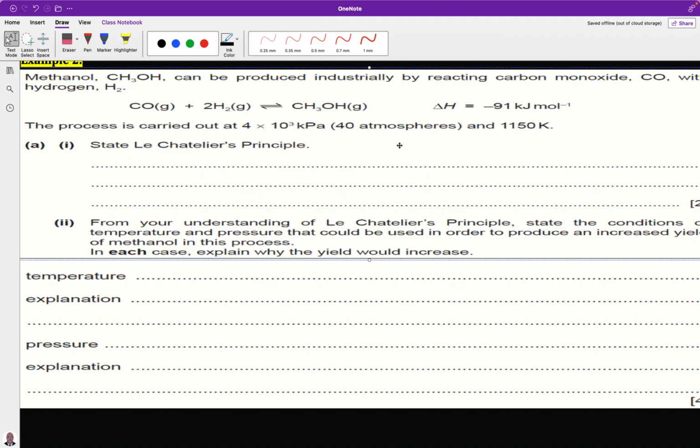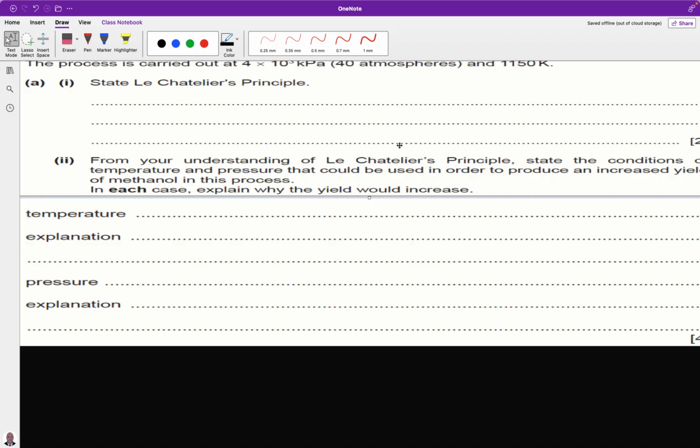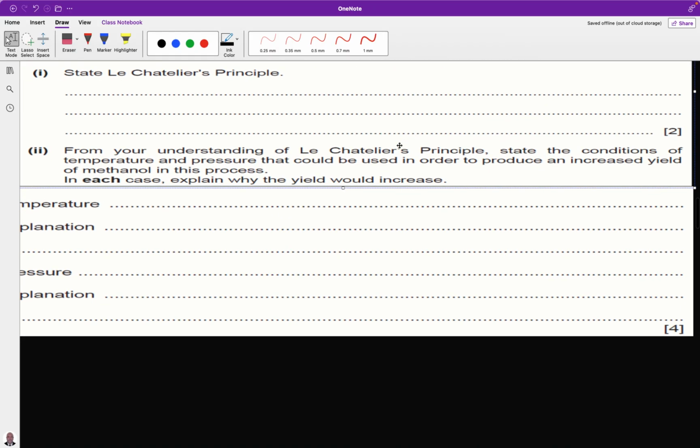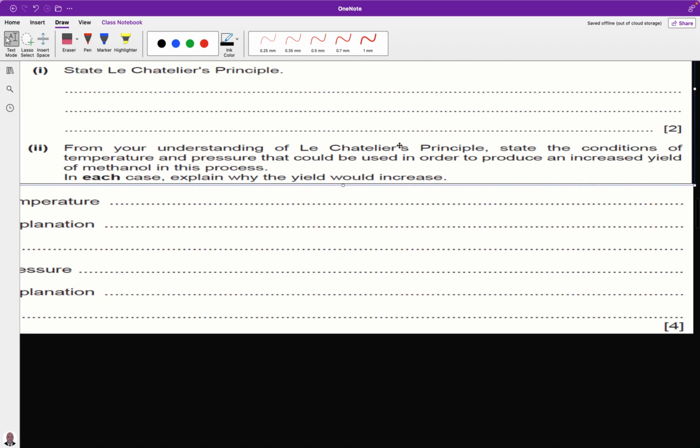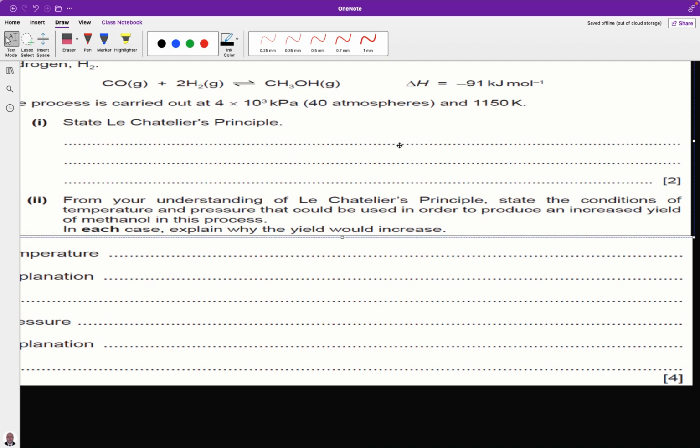Once more, Le Chatelier's principle states that if a system in equilibrium is subject to any change, the system must react to oppose the change, thus establishing a new equilibrium. B. From your understanding of Le Chatelier's principle, state the condition of temperature and pressure that could be used in order to produce an increased yield of methanol. In each case, explain why the yield will increase.